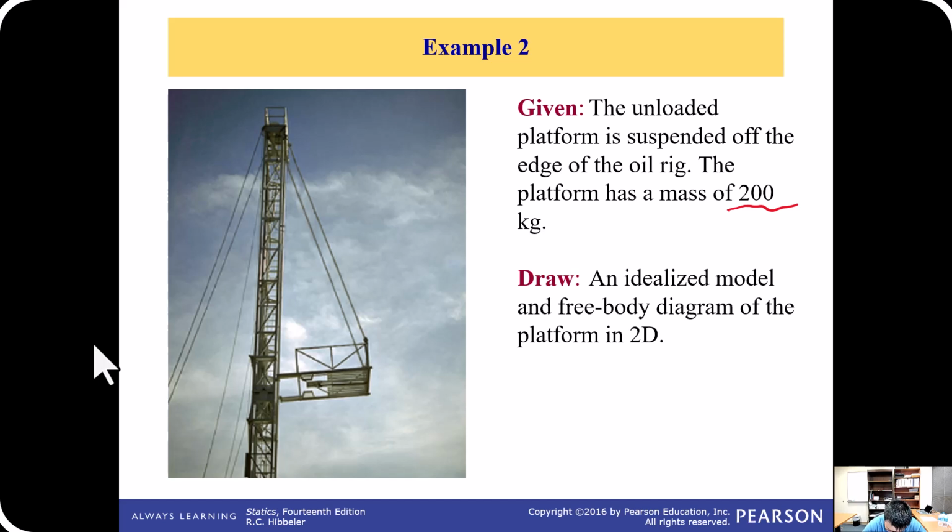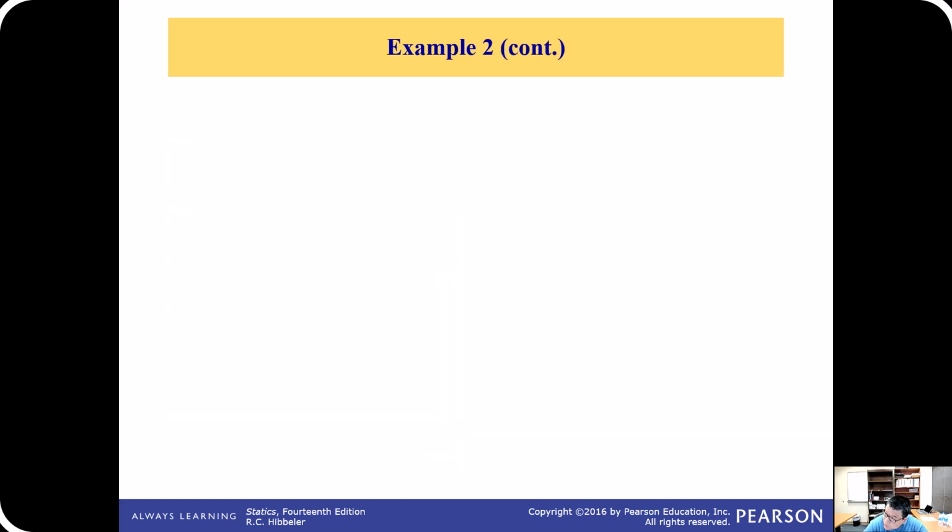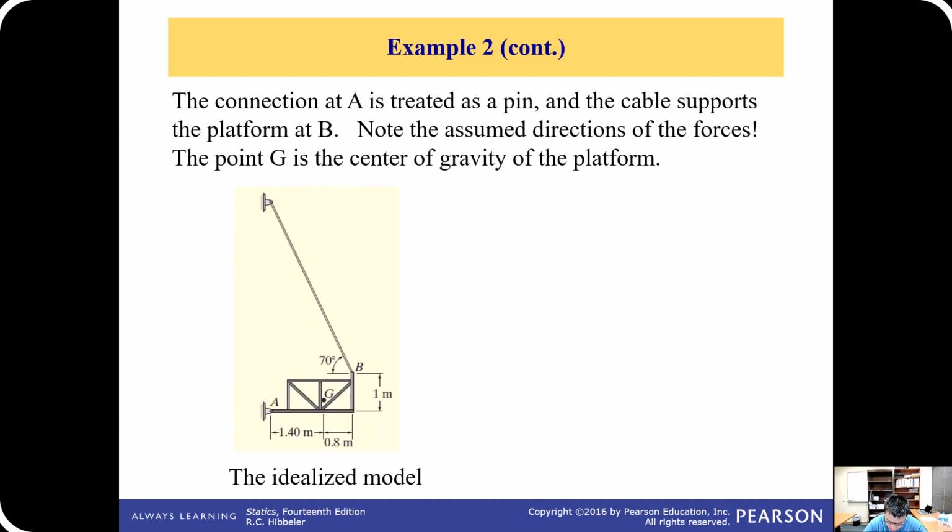Here's the platform. The connection A can be treated as a pin, and the cable supports the platform at B. Let's assume G is the center of gravity of this platform.